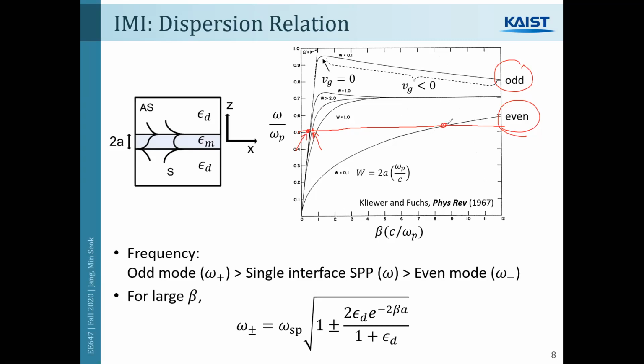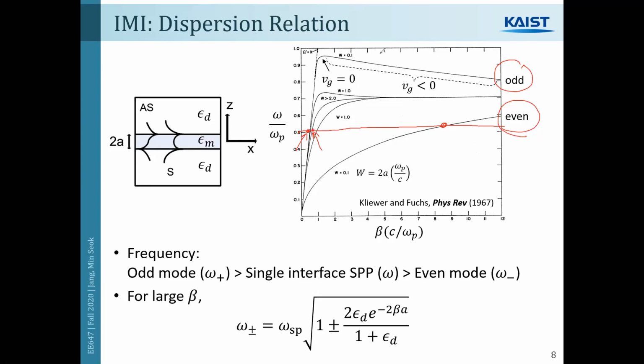You can see that the even mode is much more confined compared to the single interface or the odd mode, right? You can immediately notice that. Again, that's for the same frequency.